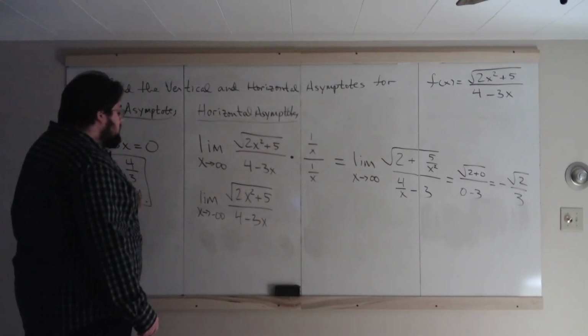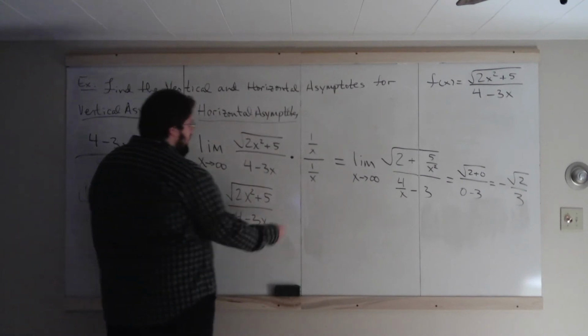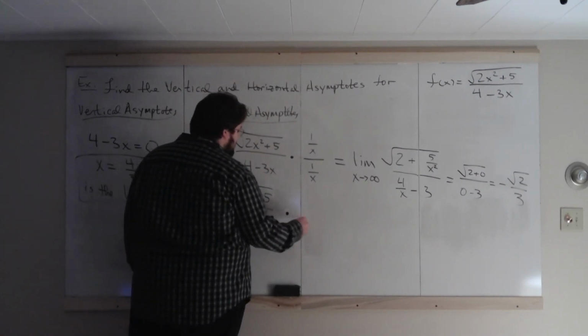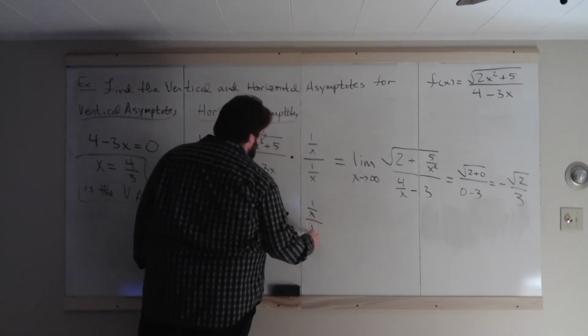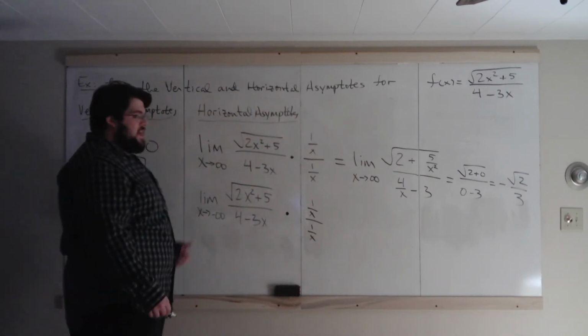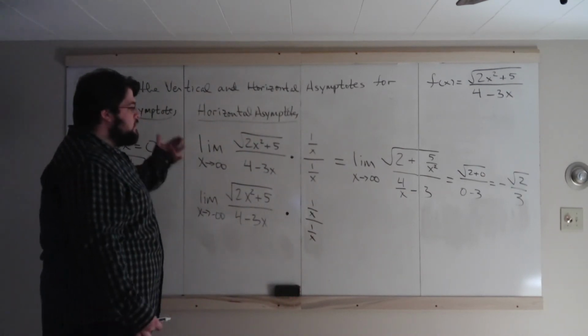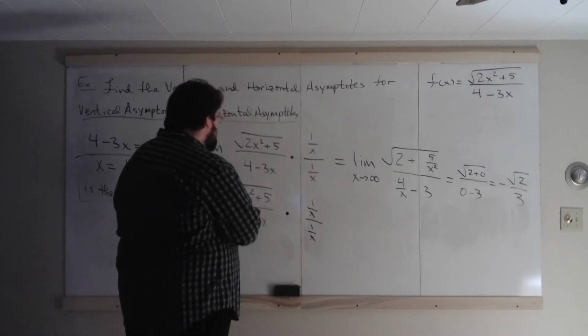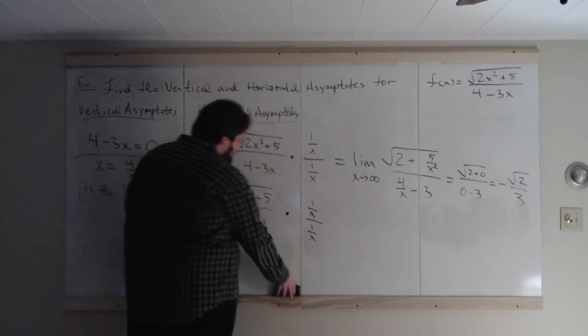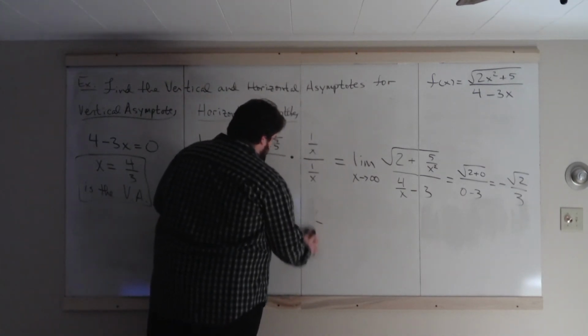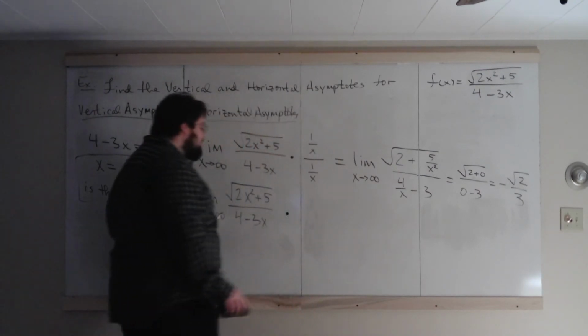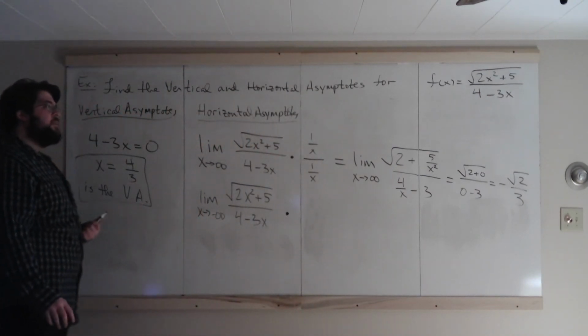Now, the limit as x goes to negative infinity. As I described in the previous example, we could go through this with similar reasoning to before. But dealing with the negative and the square root is a little more subtle here, and I find it more complicated than it has to be.